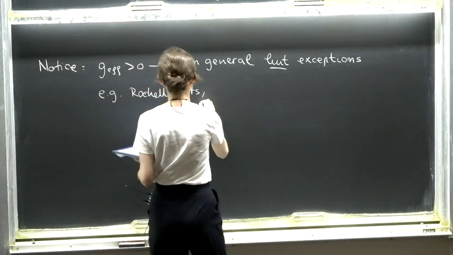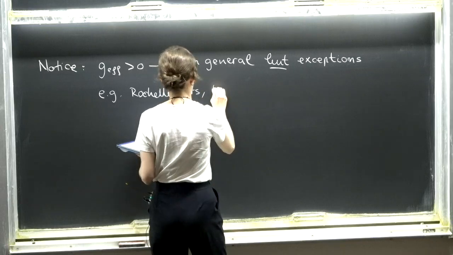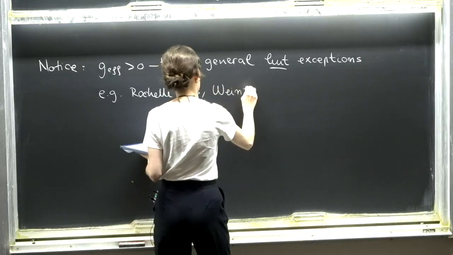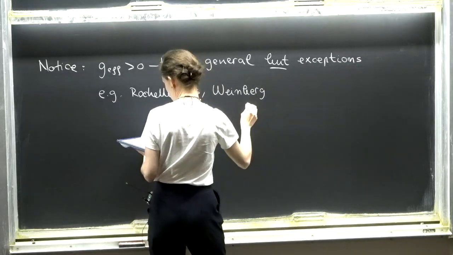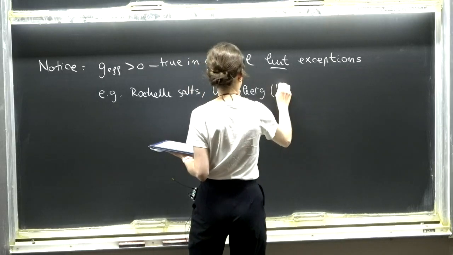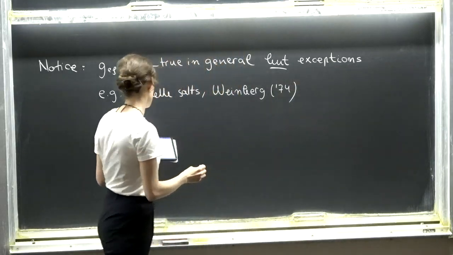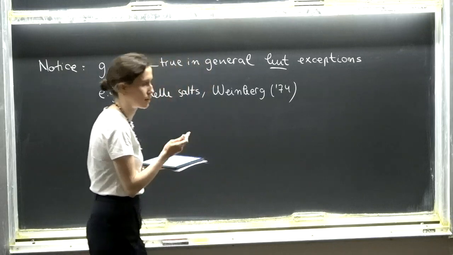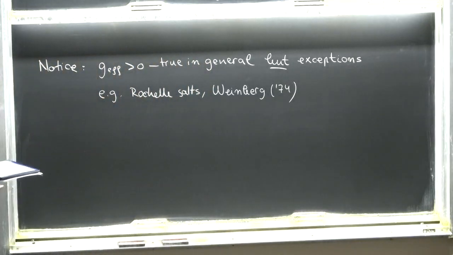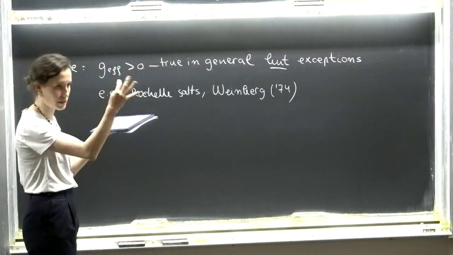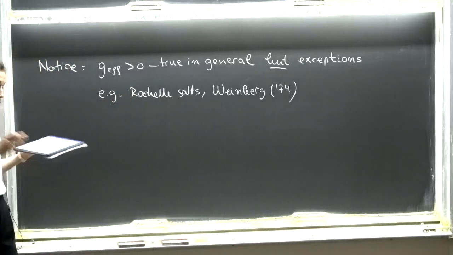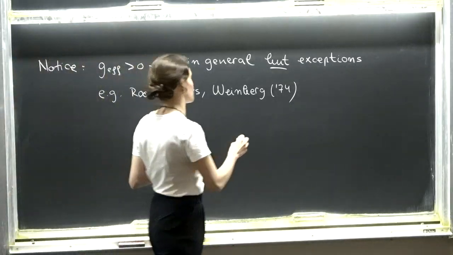And there is also a more field theoretic example by Weinberg, in a theory with a number of scalar fields, written in '74, where he cooks up a particle physics model where a similar thing happens, where the high temperature theory has actually less symmetry than the zero temperature theory.